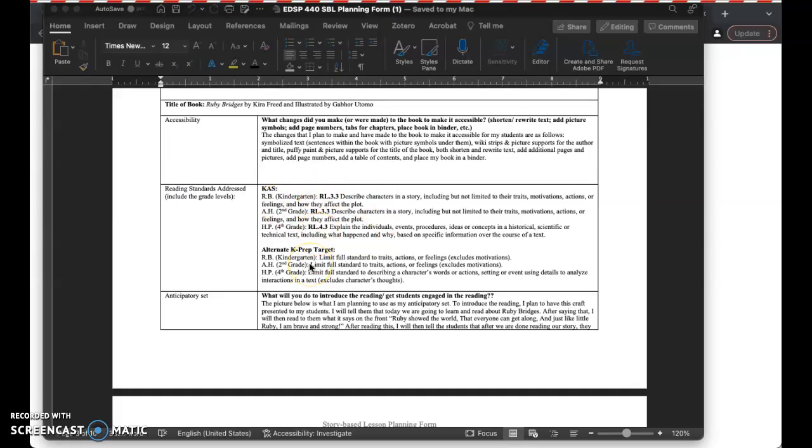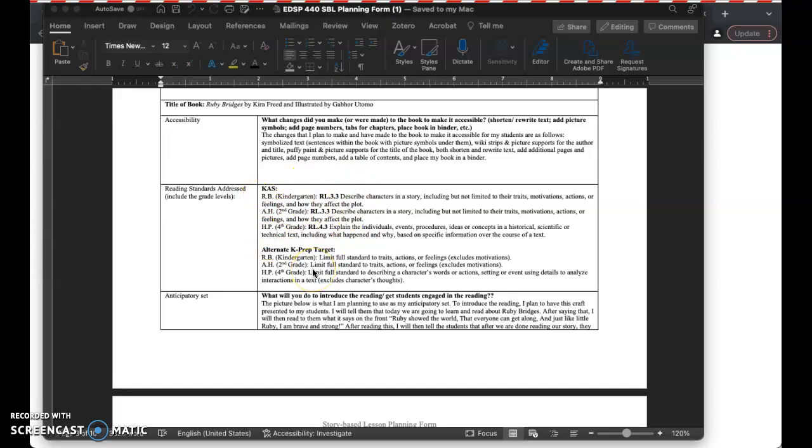Look at the other example that I have on here, the middle high school example. I think that's a better portrayal of the alternate K-Prep standards being involved. However, this was fine too because I know that she's hitting these gen ed standards, okay?